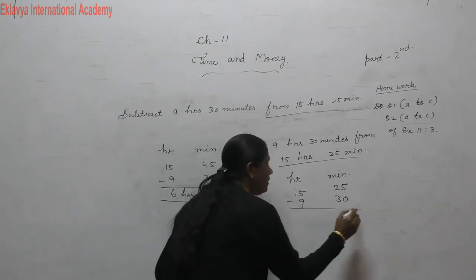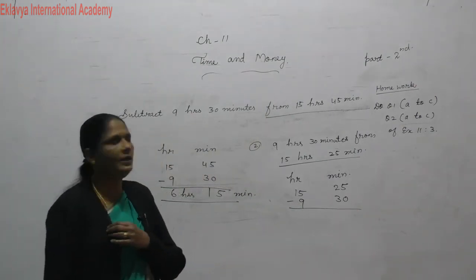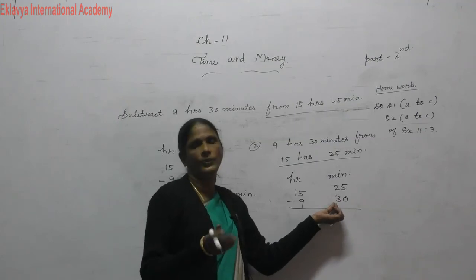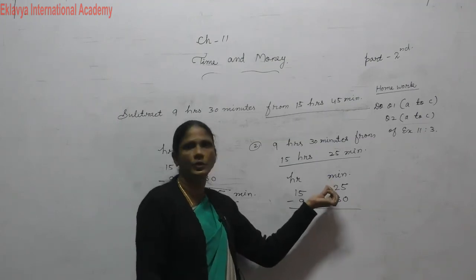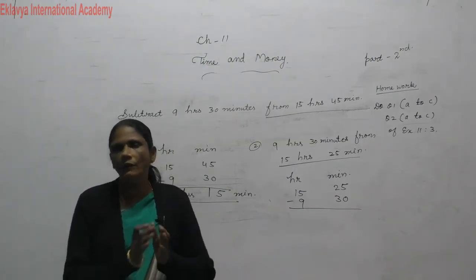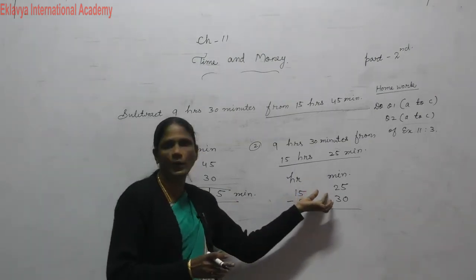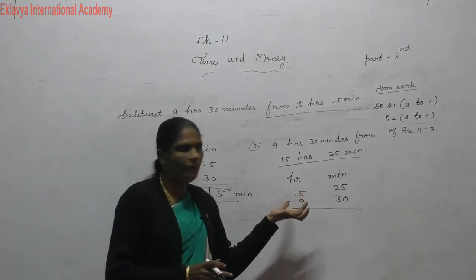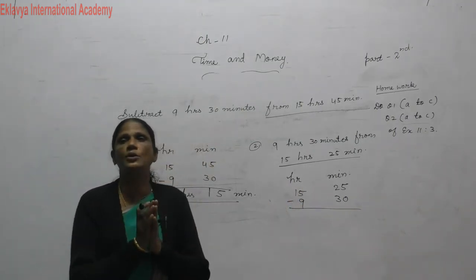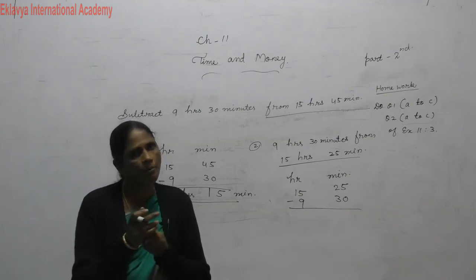Now subtract this number. Look here: 30 minutes take away from 25 minutes. Is this possible? No. We take borrowing from the hours. We take 1 hour. 1 hour is equal to 60 minutes.